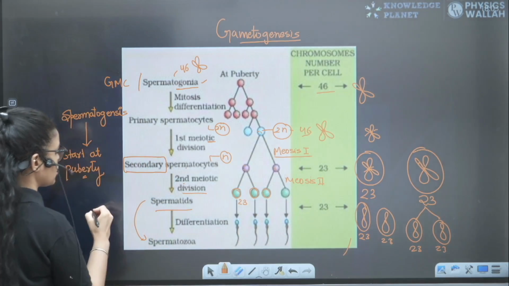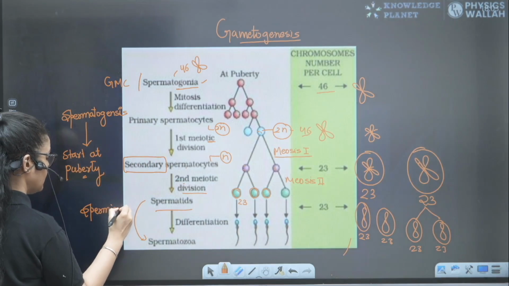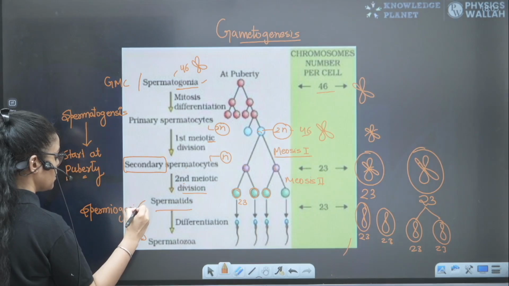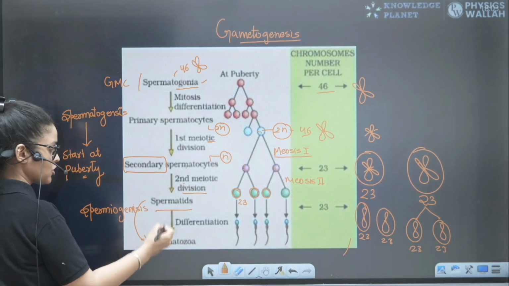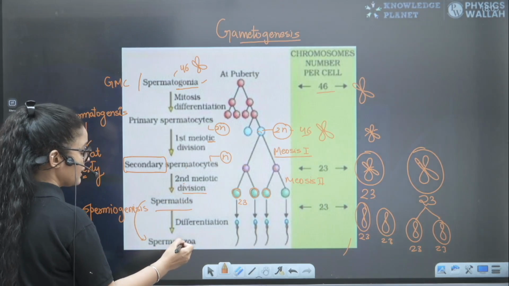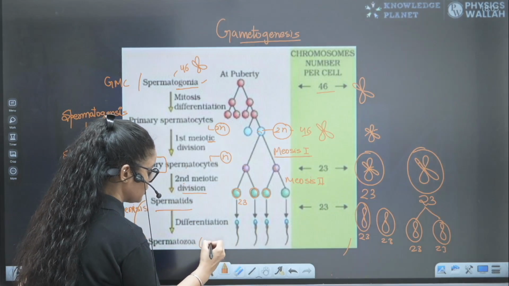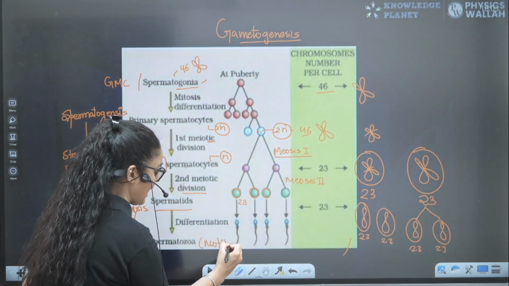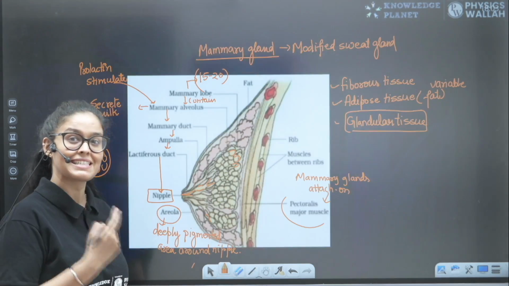This differentiation process is known as spermiogenesis, which means formation of spermatozoa from spermatids. And the spermatozoon is motile and polar. Polar means having a head and tail, as you can see in the diagram.